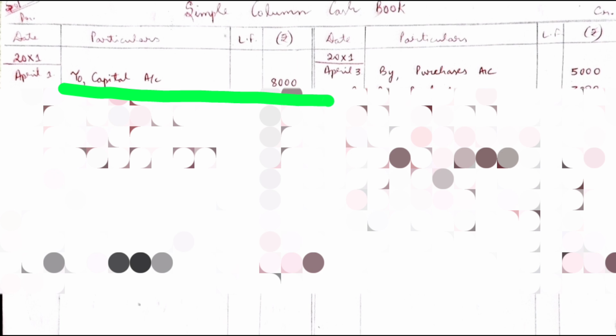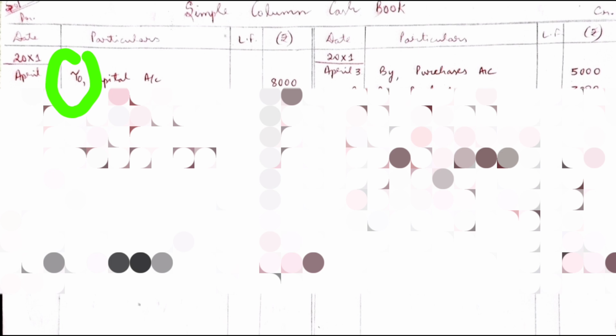Always remember that on the debit side the particulars will always be followed by 'To'. We'll write To Capital, To Sales; whatever cash comes into the business, we record it with the term 'To'. And in the particulars column of the credit side, it will always be followed by 'By'. Clear? I'm assuming that it's clear to you all.